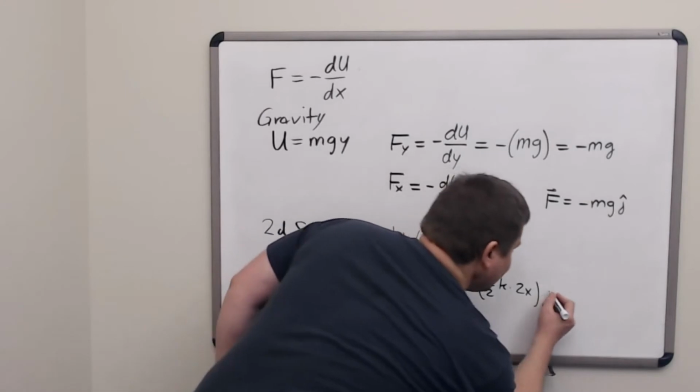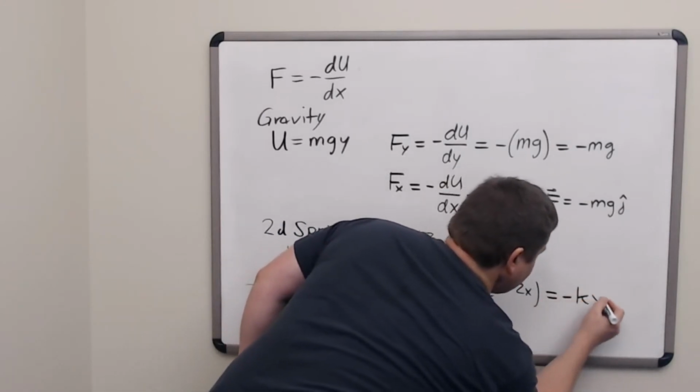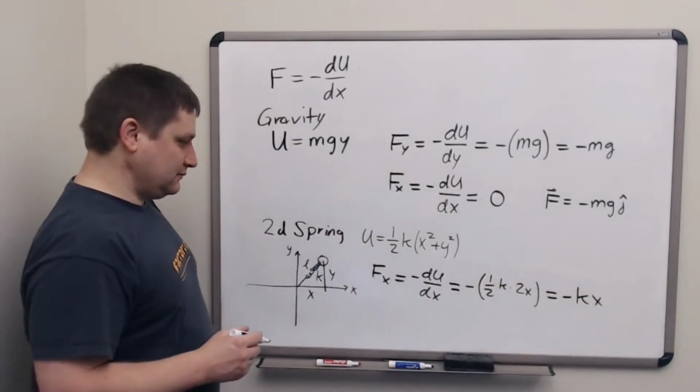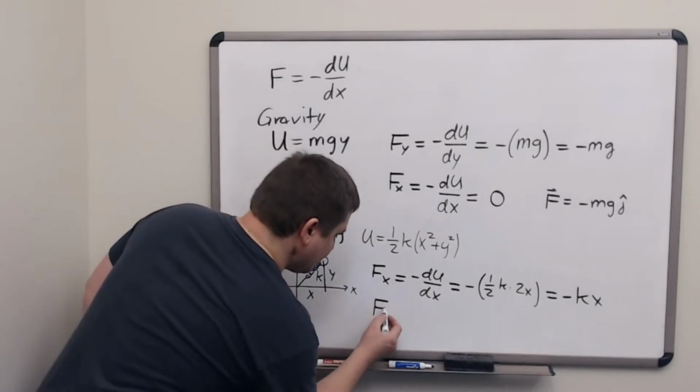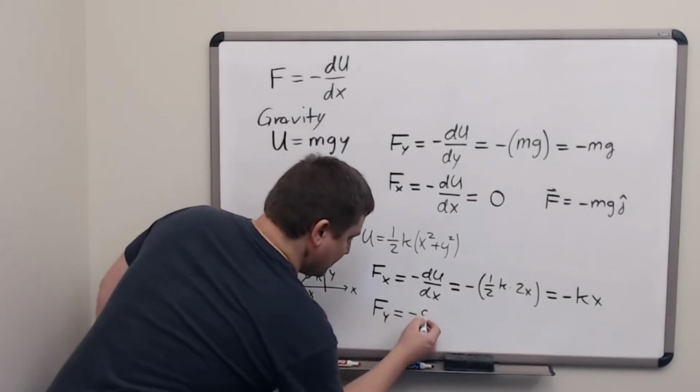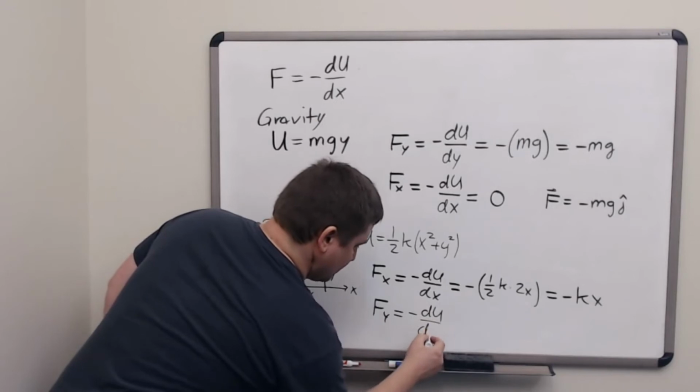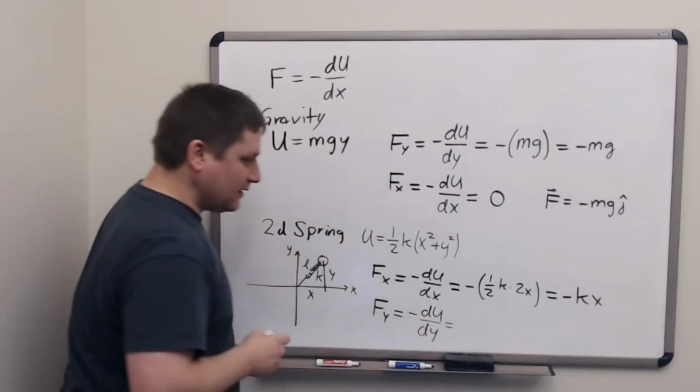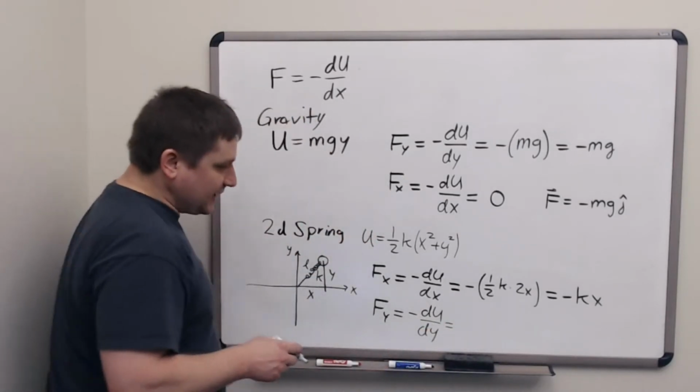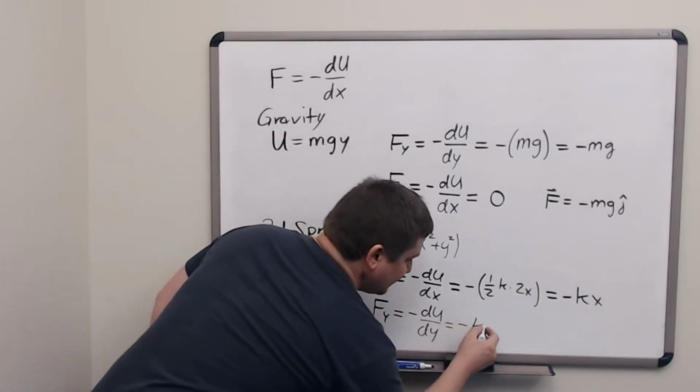This simplifies to minus kx. For the y component, the derivative plus the negative sign results in minus ky.